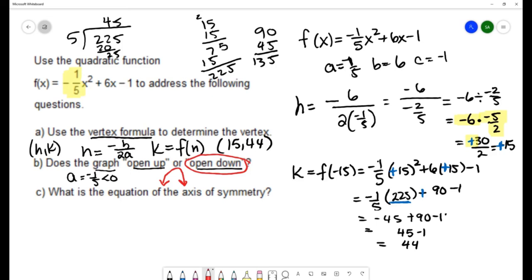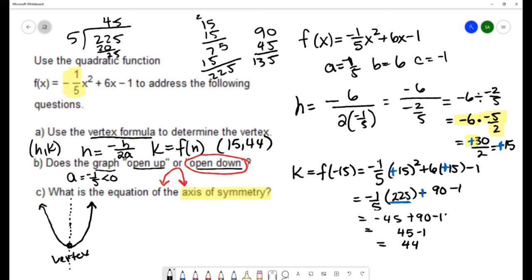So finally, we want to know what the axis of symmetry is. And with parabolas, the graph does have some symmetry going around the vertex. And so we call the vertical line that passes through the vertex the axis of symmetry.